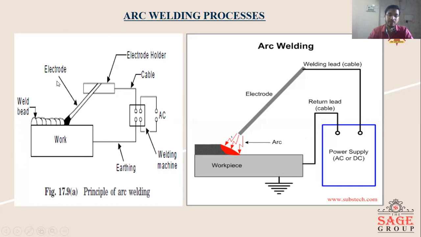When the electrode meets the metal workpiece, the arc is generated between the two, and this arc melts the filler metal as well as the base metal and forms the weld. Here you can see that this red one is the arc, right? The power supply is AC or DC depending upon the welding.